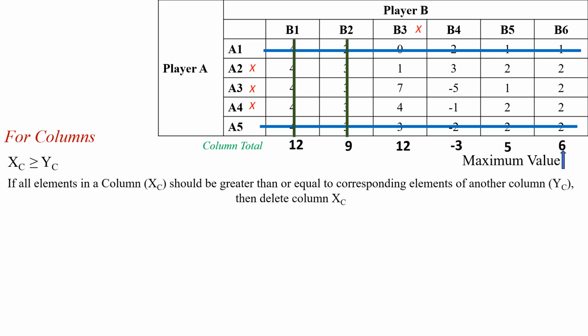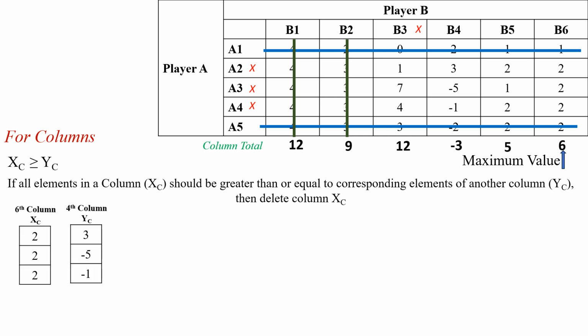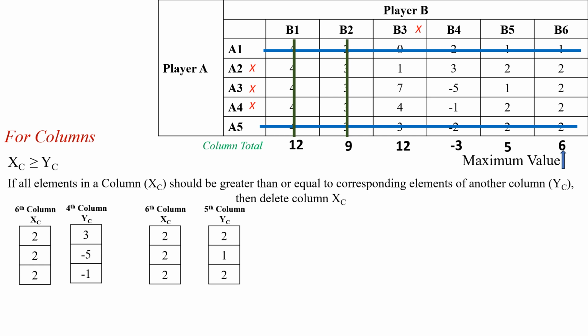So next apply the dominance rule for the sixth column and compare the corresponding elements with the fourth column. So here 2 is not greater than the 3 and moreover 2 is not greater than the 3. So next we have to compare the sixth column elements with the fifth column elements, because the next minimum value is the 5 for the fifth column.